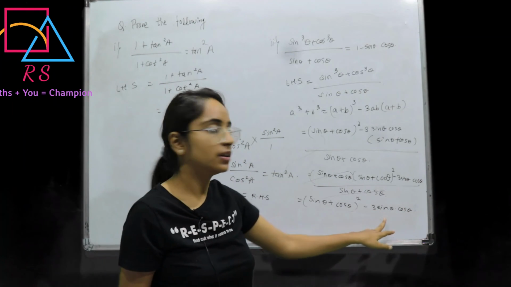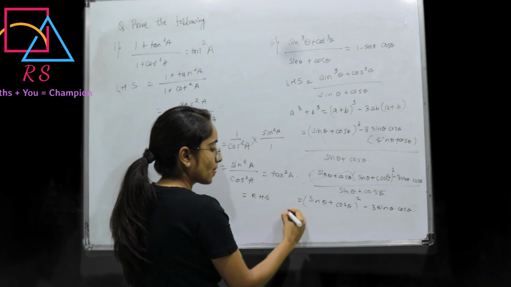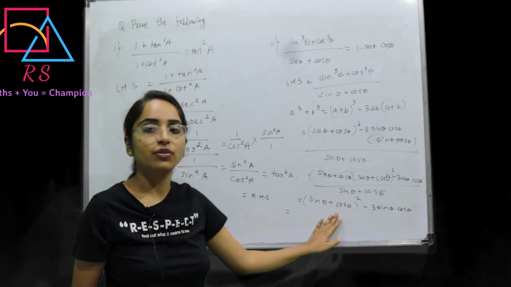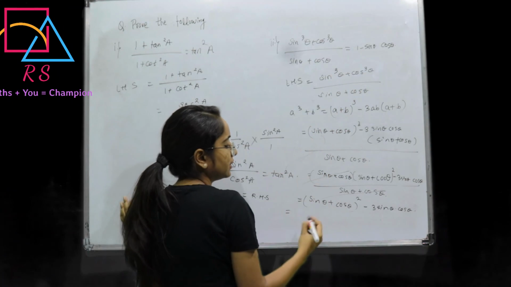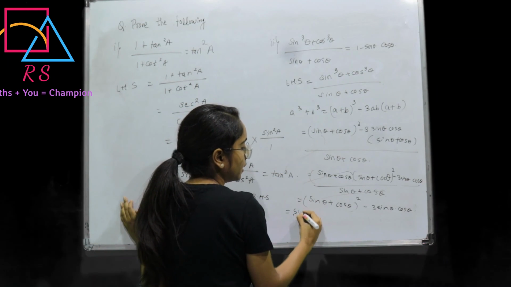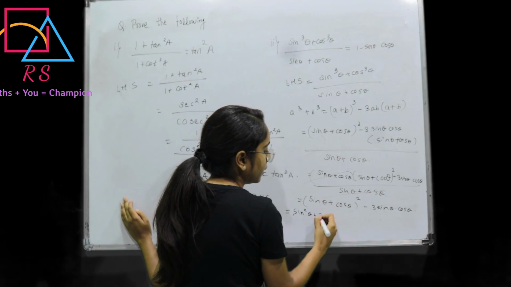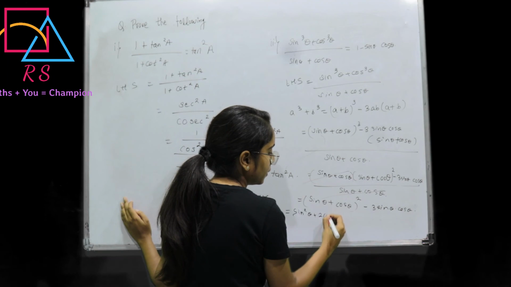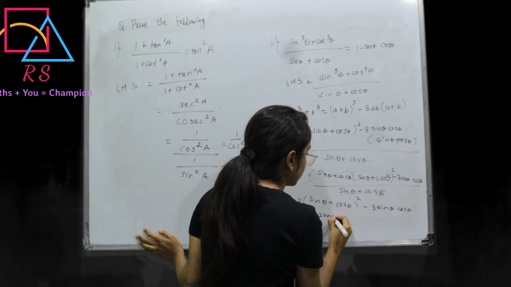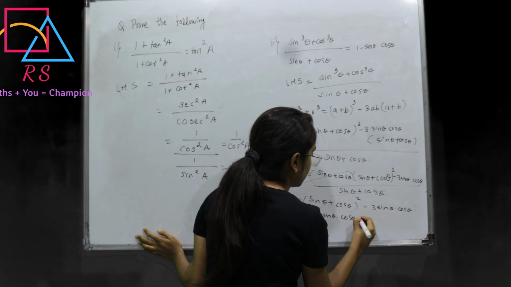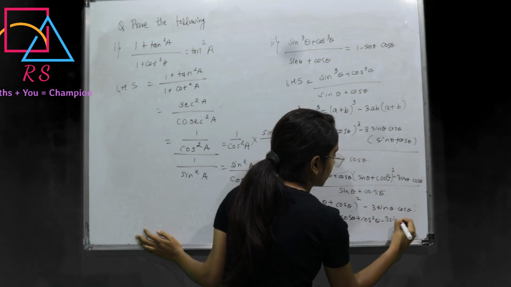Here the (a plus b) whole square formula will be applied. Now we have not yet got the value of the RHS, so we will simplify further. Sin² theta plus 2 sin theta cos theta plus cos² theta, minus 3 sin theta cos theta.